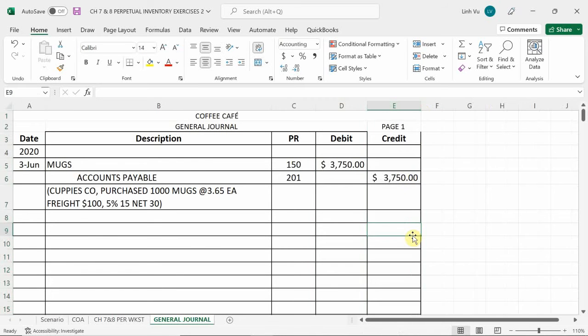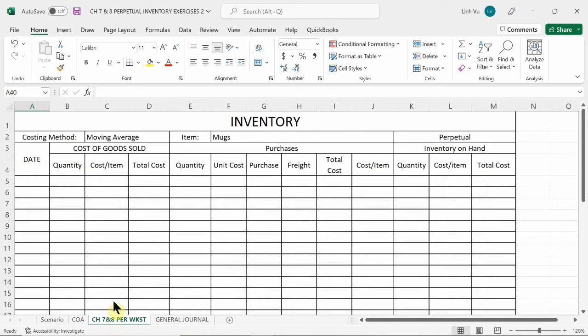Okay. And then I'm going to go ahead and plug it into my inventory worksheet. Today is June 3rd. Skip over this section here. We purchased 1,000 units at $3.65 each with a freight of 100.